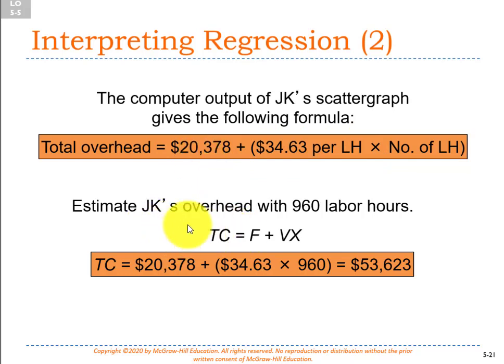So if we want to predict the future overhead with 960 labor hours, if we predict that's how many labor hours we're going to do, then we can predict that our overhead cost will be $53,623. That's 960 times the 34.63 plus the 20,378 for fixed costs.